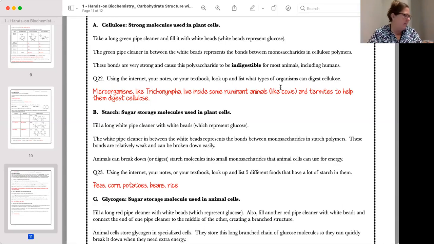Now, glycogen, let's see if I can make glycogen for you. Maybe I can. Okay, so we fill a long red pipe cleaner with white beads. So I've got a red pipe cleaner filled, and then connect the end of one pipe cleaner to the middle and create a branch. Okay, so I'm going to create a branch here.